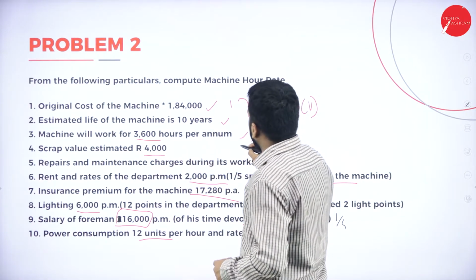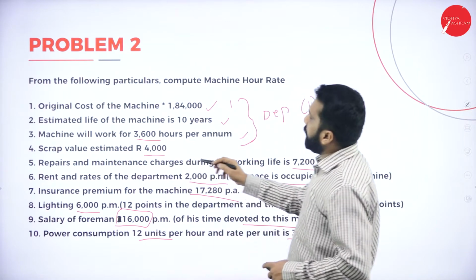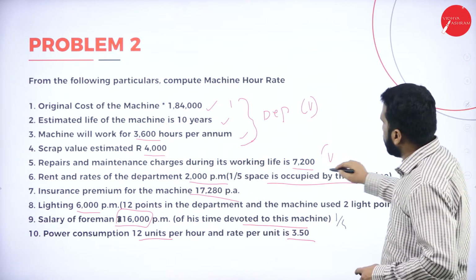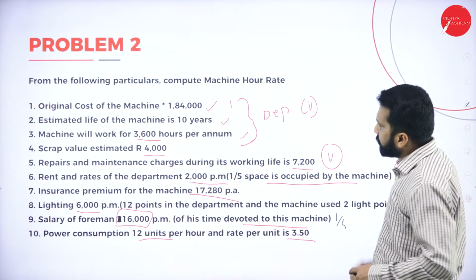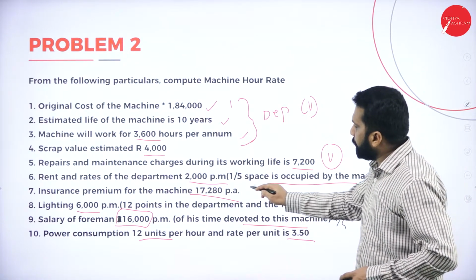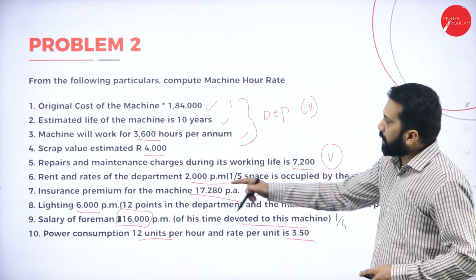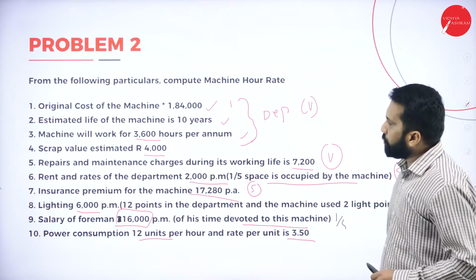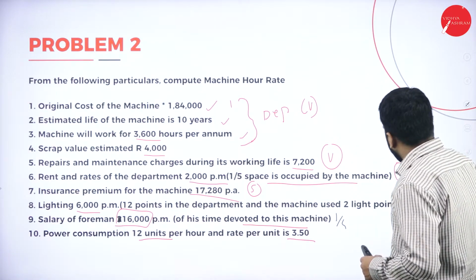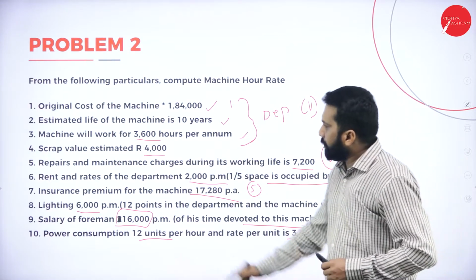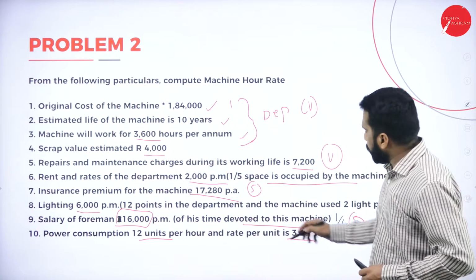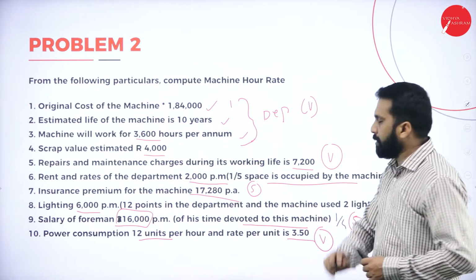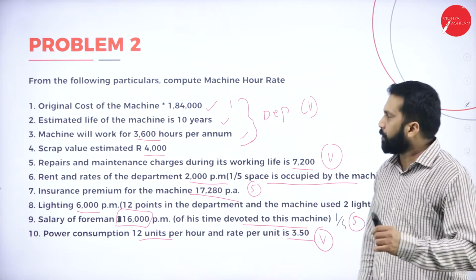Scrap value also for depreciation. Repair and maintenance variable. Rent and rates standing charges. Insurance premium standing charges. Lighting also comes under standing charges. And salary of foreman standing charges. And the last one, power, is variable charges.